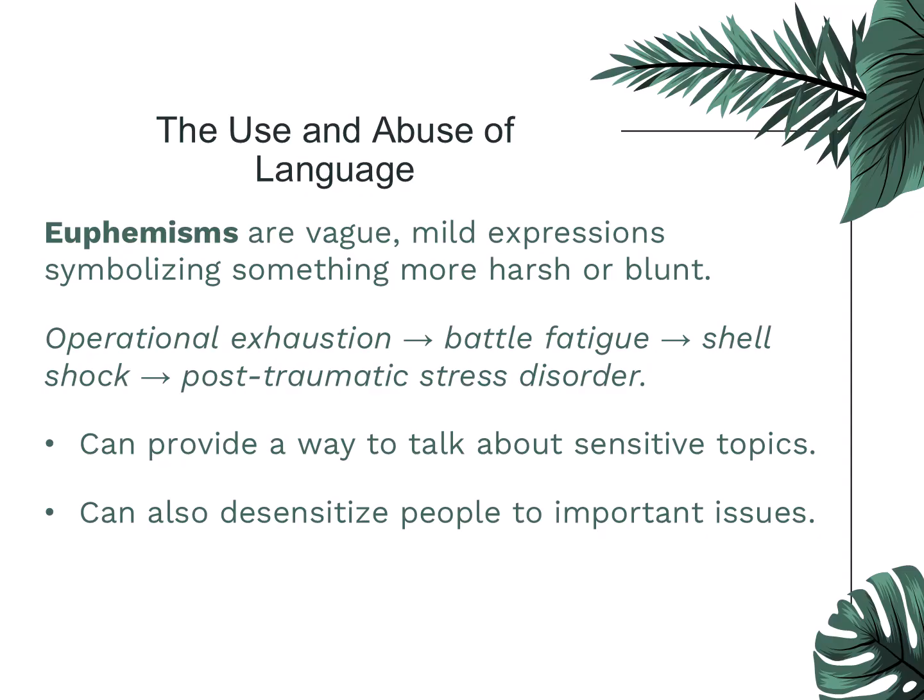Other uses and abuses of language: euphemisms. Generally speaking, when I use the word euphemism, a lot of people add a sexual connotation to it. But in reality, euphemisms are just vague, mild expressions symbolizing something that's more harsh and blunt. So yes, we can use them in sexual conversations, but that's not the only use of euphemisms.